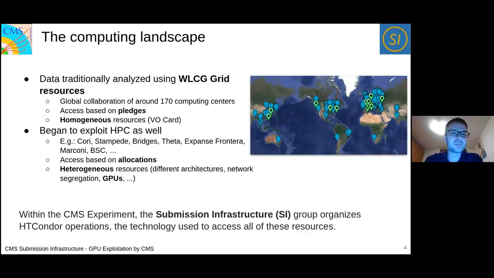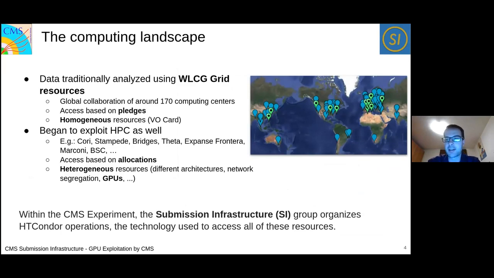And for the computational needs, CMS uses the WLCG, the Worldwide LHC Computing Grid resources, which is a global collaboration of 170 computing centers, and the access to those centers is based on pledges. So each one of those sites decides to pledge a set of resources to one of the experiments.